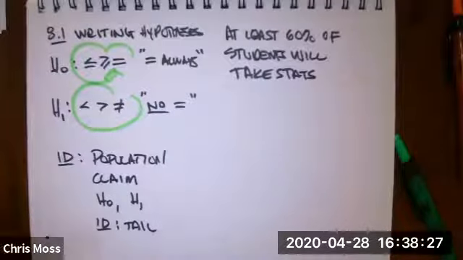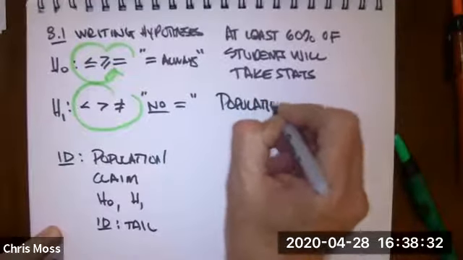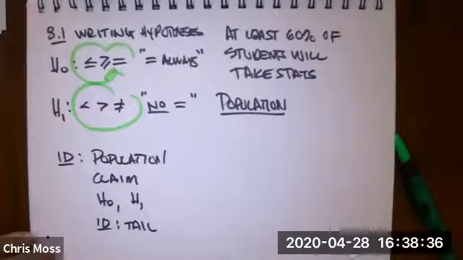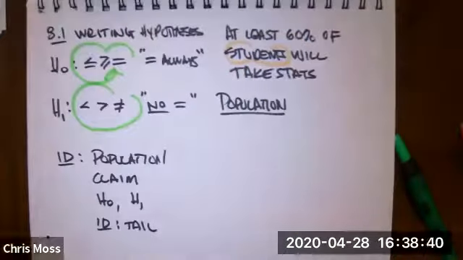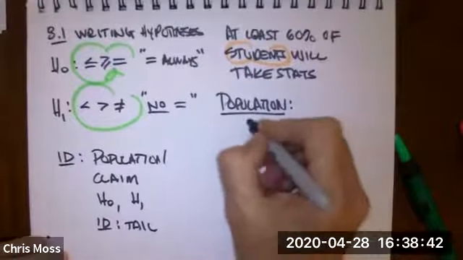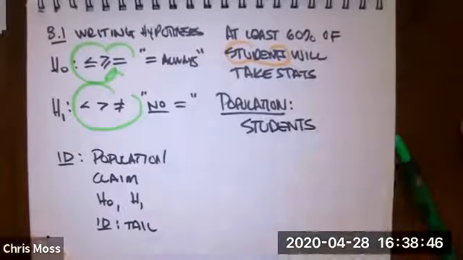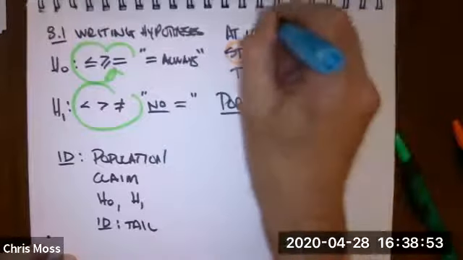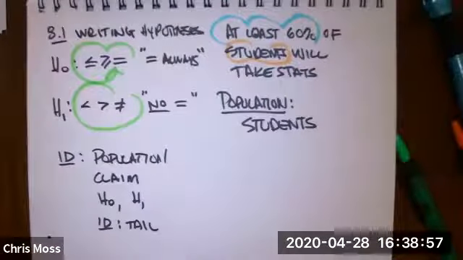So let's go ahead and identify first the population. I will realize that we're talking about students. So the population: students. Now let's take a look at the claim as it is written. We have the claim that at least 60% of students will take statistics.